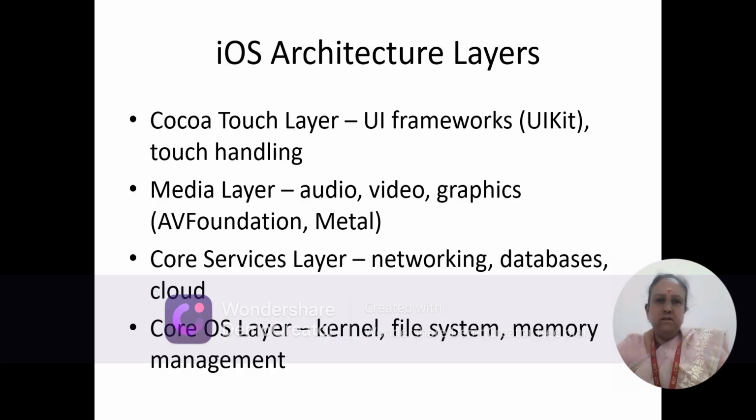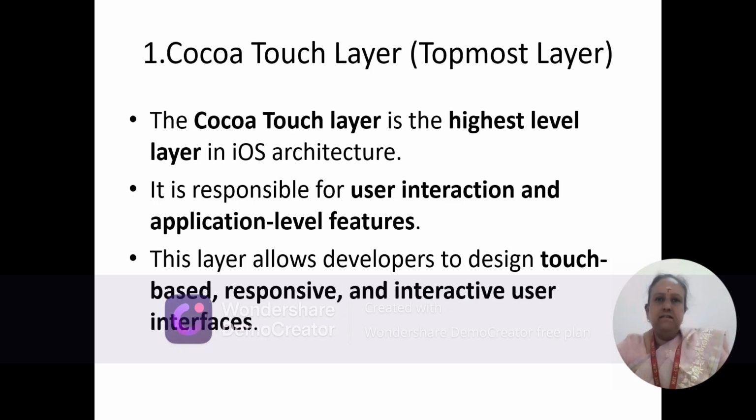So, when you touch a mobile, it reacts. That is the main focus of this particular layer. The Cocoa Touch layer is the highest layer in the iOS architecture. It is responsible mainly for all the user interactions and application level features.